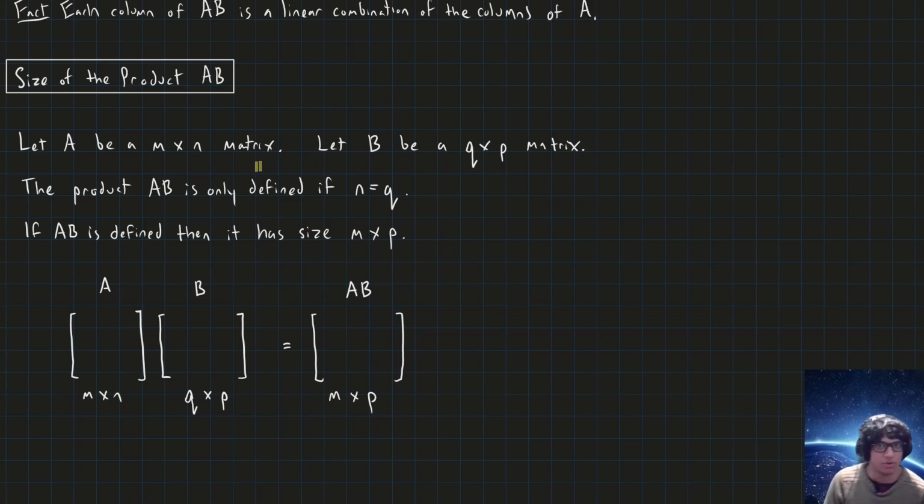Let's suppose that A is m by n and B is a q by p matrix. The product is only defined if n equals q, if those two numbers are equal.